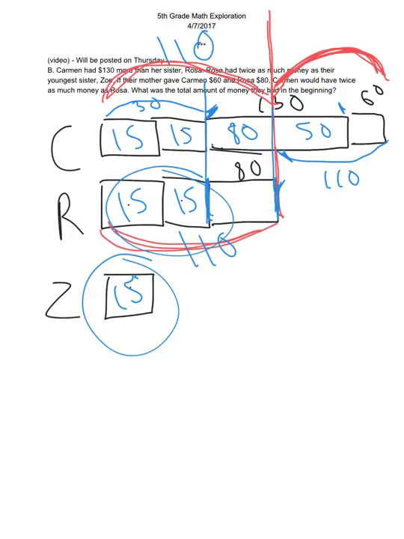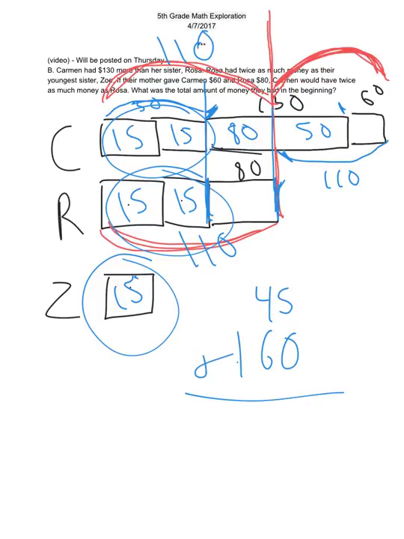So far, we're at 45. In the beginning, Carmen had these 30 plus the 130 more. Oh, that would be 30 plus 130. That's 160. How much did they have in the very beginning?